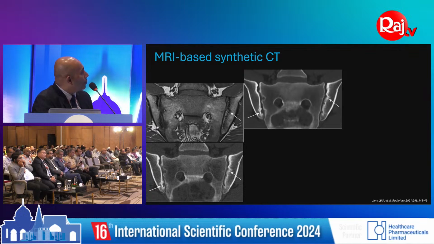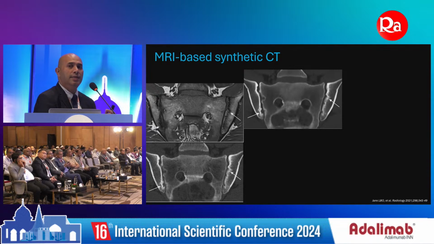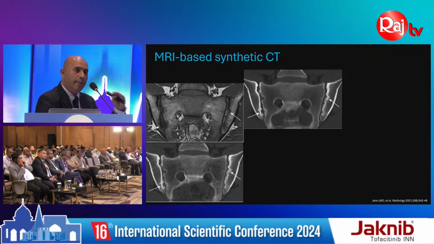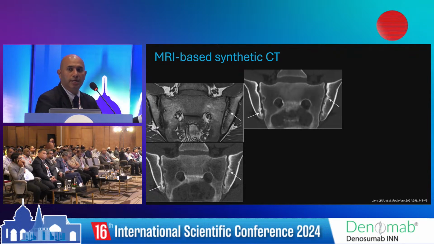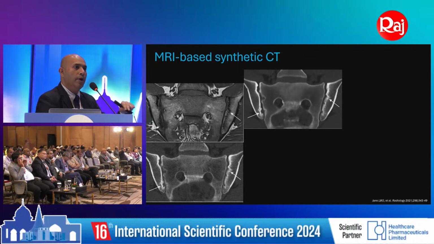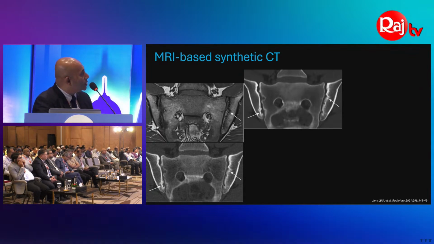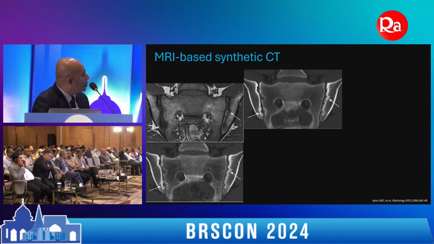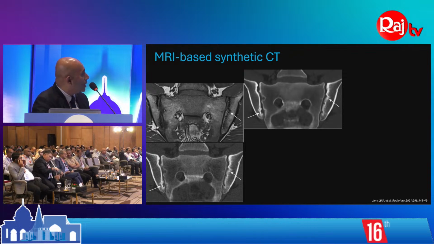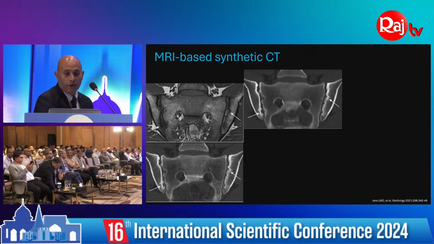Synthetic CT is a software where you take an MRI and it can be converted to a resolution close to a CT. So you can get away with the problem of radiation, and you get fantastic images. This is the CT and that's the synthetic image. You can see how good and comparable these two are. In fact, they compared these two and found that it is pretty good.